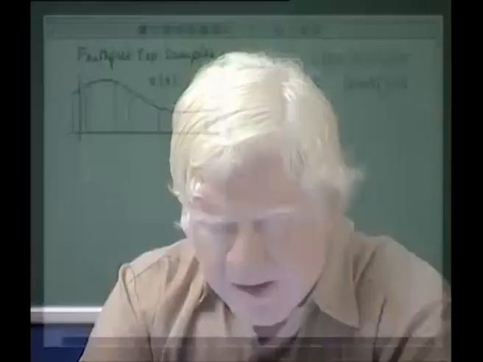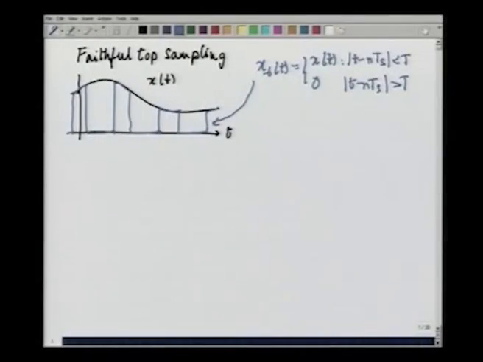What we do is we take a rectangular pulse train. The basic rectangular pulse, as we know, is R t of t, which is equal to 1 if mod t is less than t and equal to 0 if mod t is greater than or equal to t. This is the rectangular pulse.